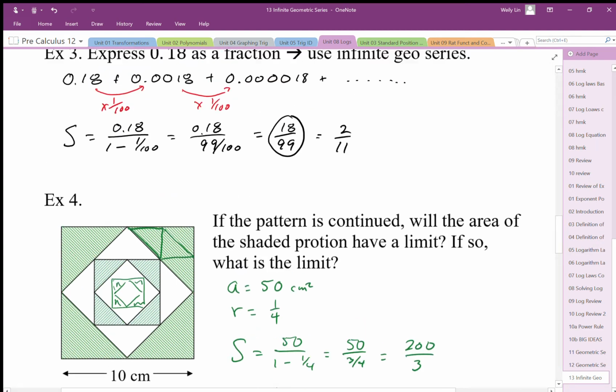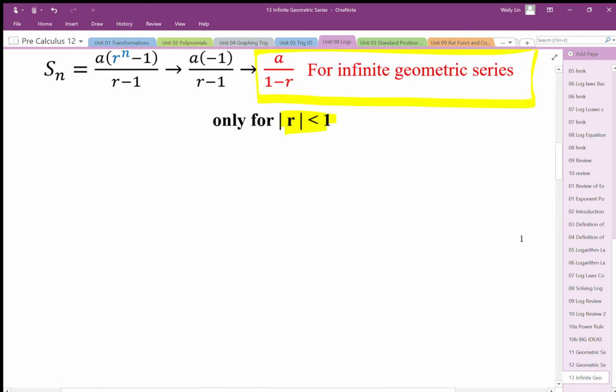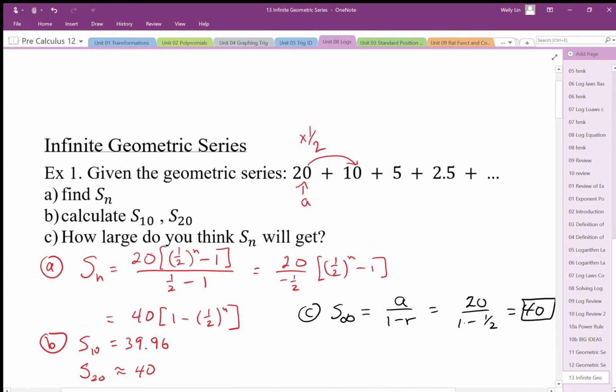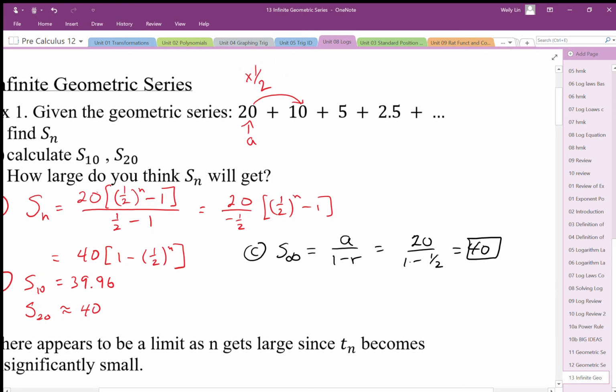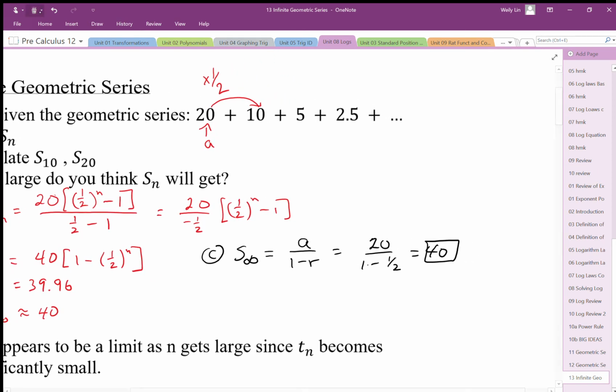So looking back at that first infinite series, we could use the same kind of idea here. I can show you that we're going to shade this full square. Let's say I start with that. That's my 20.